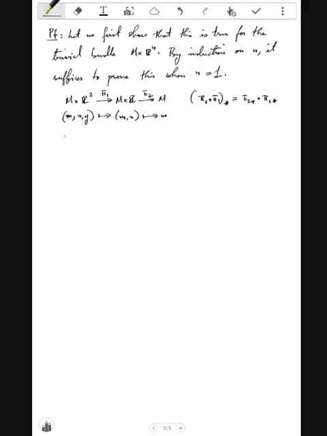Therefore this implies it suffices to prove pi lower star is an isomorphism when n is equal to 1.